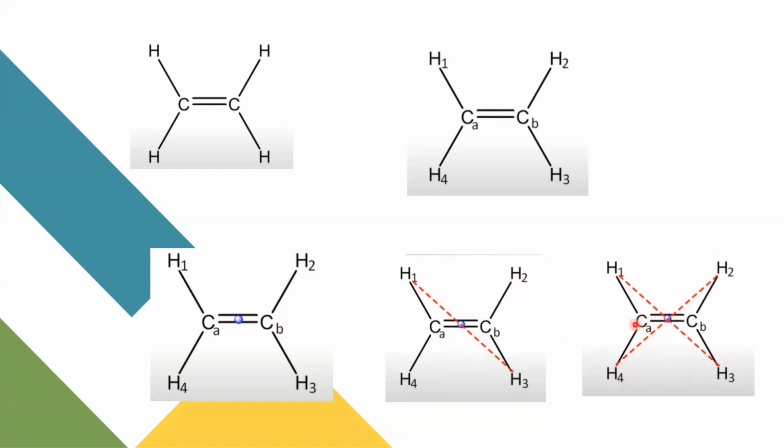And along carbon-carbon also, you can draw the line. So this is called the inversion center in this molecule. So ethylene molecule has an inversion center.